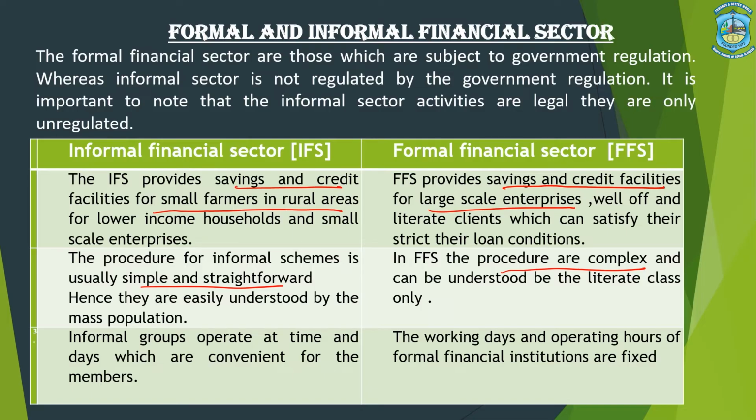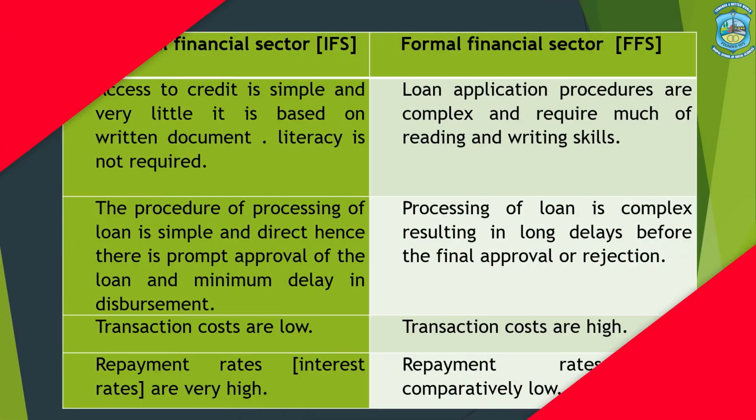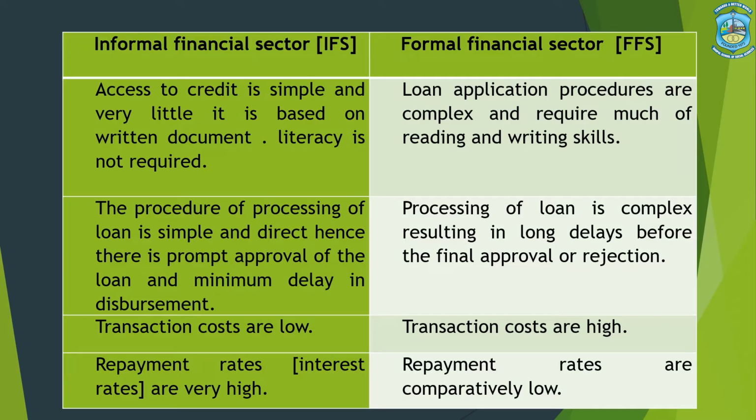Then informal groups operate at times and days which are convenient for the members. There are no such time restrictions, whereas in the formal sector the working days and operating hours are fixed. Access to credit is simple in the informal sector, and loan application procedures are very complex in the formal financial sector.